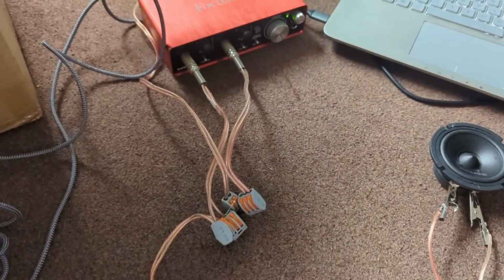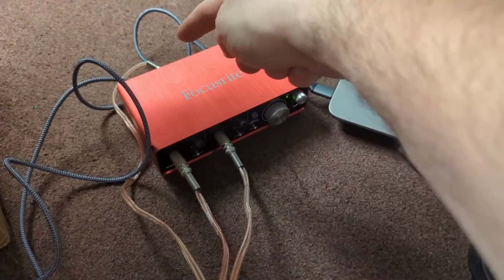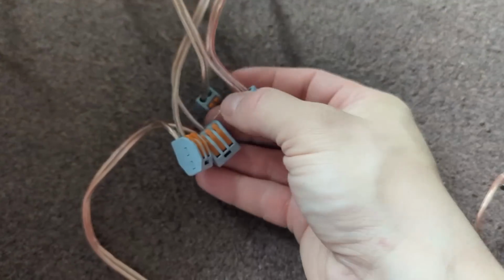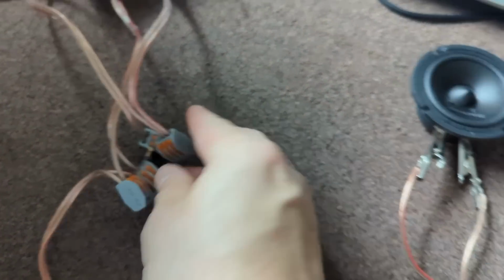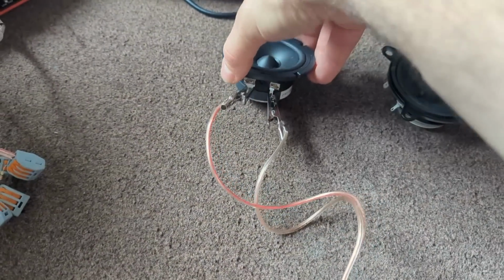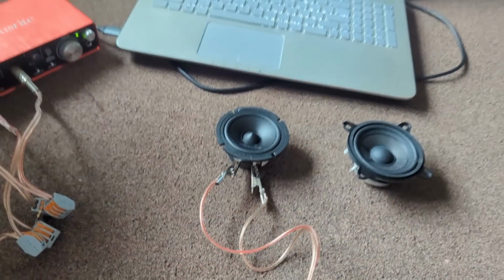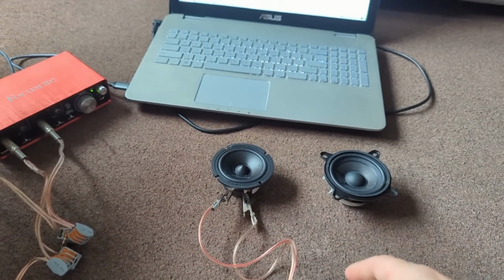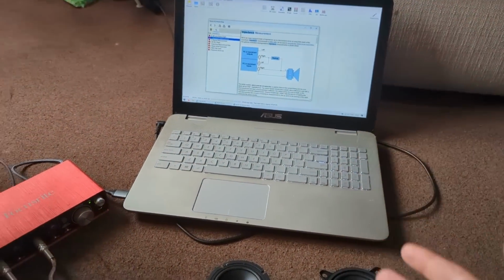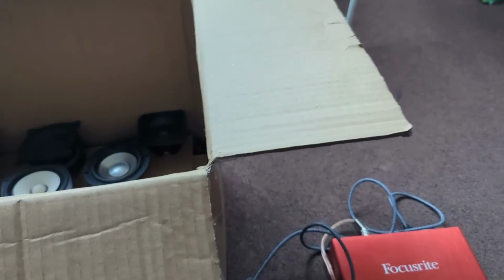I have this exactly here: two inputs, one output, and just one simple resistor. Then I connect it to a speaker, and I can measure the impedance. So I'm going to show you how I do the impedance sweeps, and then we're going to jump into the laptop and see all of this data.